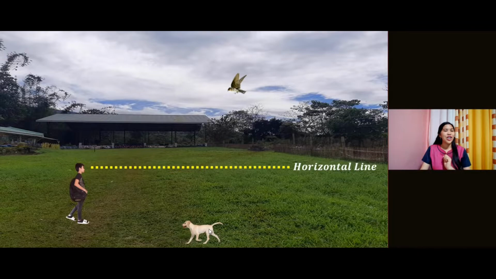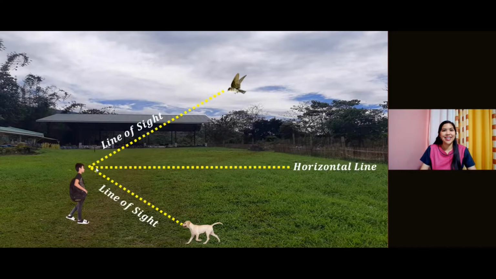Of course, you need to look up for you to see the bird and you need to look down for you to see the dog. Now, as you look up, there is this line that is formed. And as you look down, there is another line that is formed.